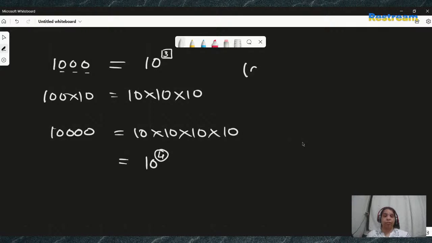So let's say I have 1 2 3 4 5 zeros. It is 10 raised to 5. You really don't need to factorize it, it's just 10 raised to 5. Okay, so I'll keep this as it is, and you help me write down an index form. 1 million. I'm not going to read how many zeros there are.